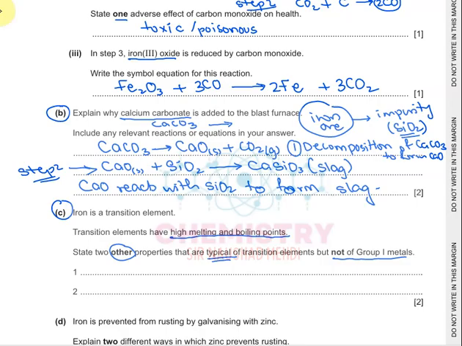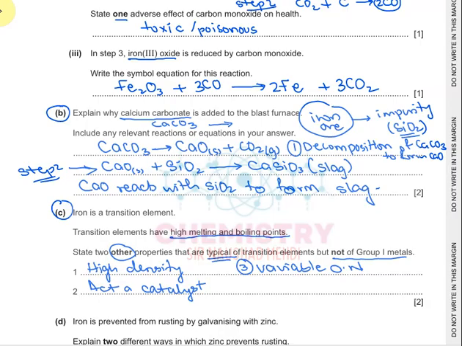So we know that the transition elements have very high density, but the group 1 metals have low density. Similarly, transition elements can act as a catalyst in different reactions, but the group 1 elements cannot act as a catalyst. Similarly, transition elements have variable oxidation numbers or oxidation states, but the group 1 elements have a fixed oxidation number, which is +1 only.